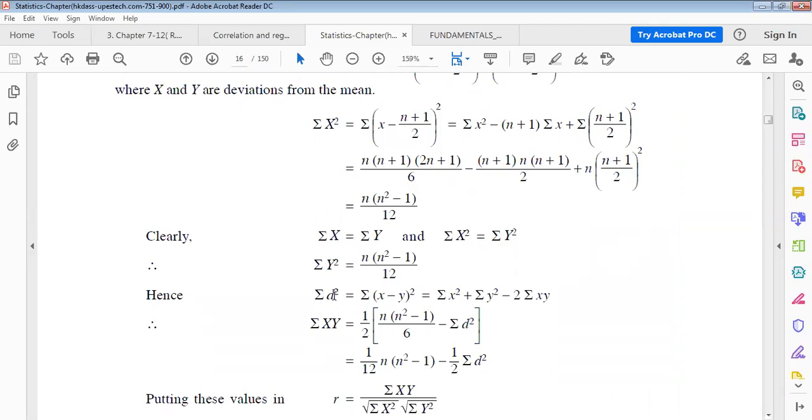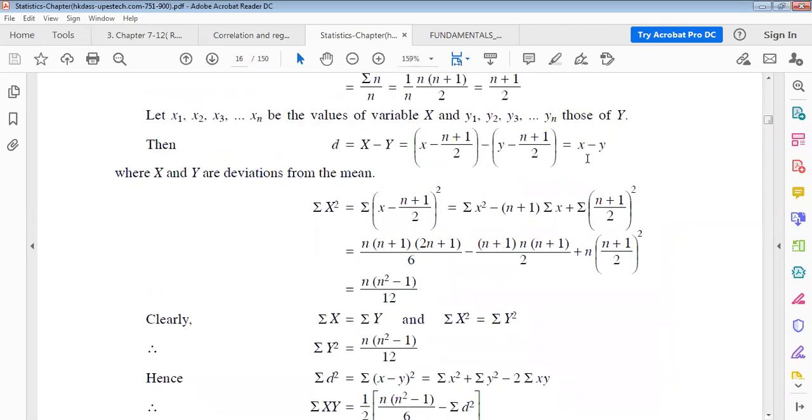Now what will summation d square be? d equals x minus y.